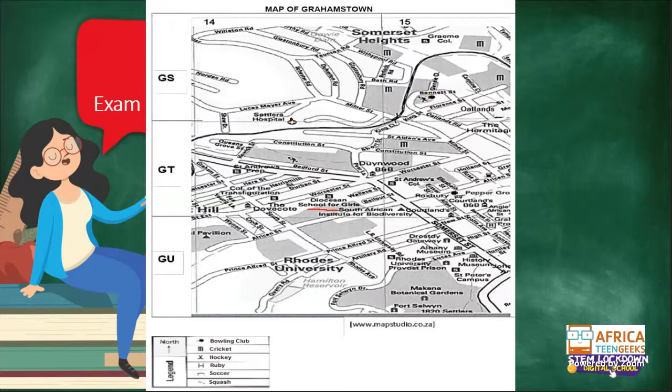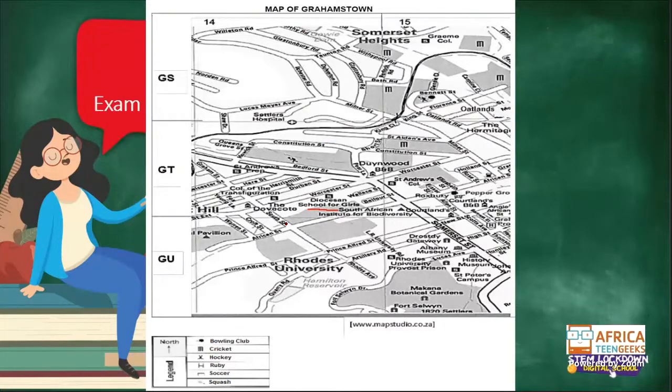Now, learners, if you remember, when you're talking about grids, you need to mention 2 things. You need to mention what you see on the left, or on the sides, and then you need to mention what you see above or below.